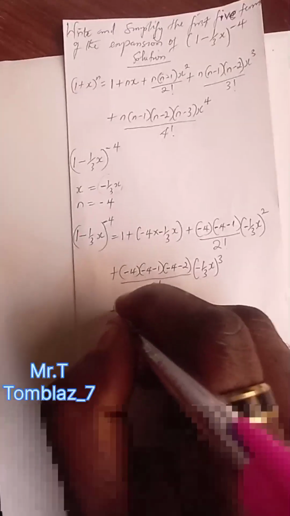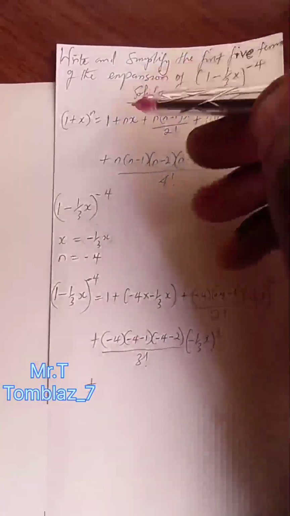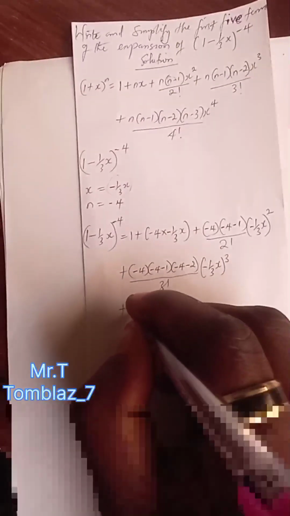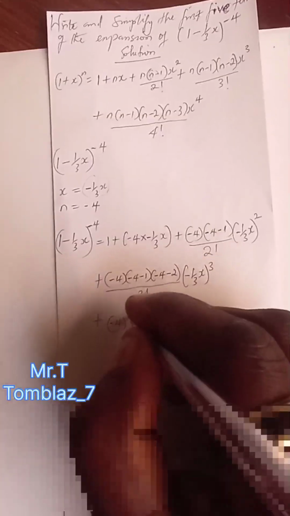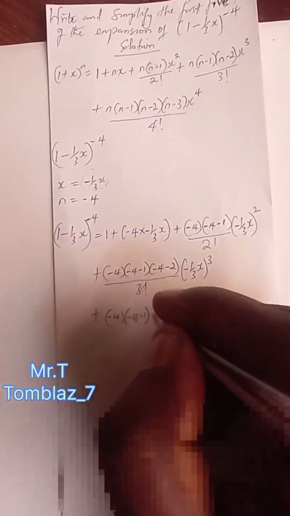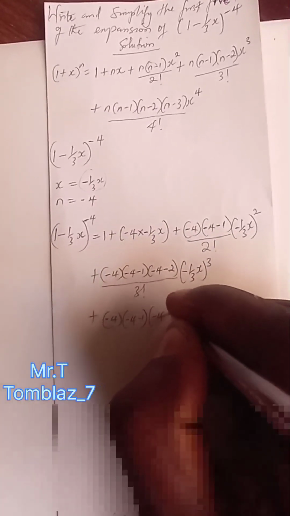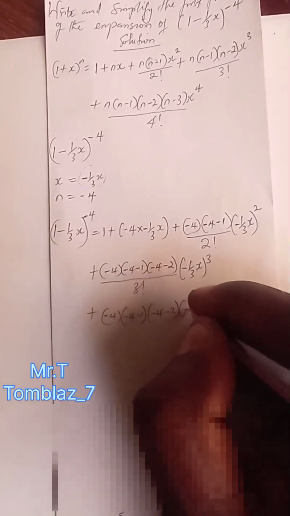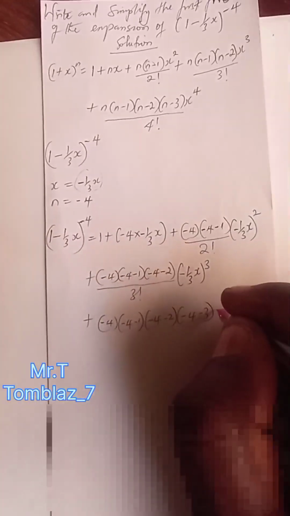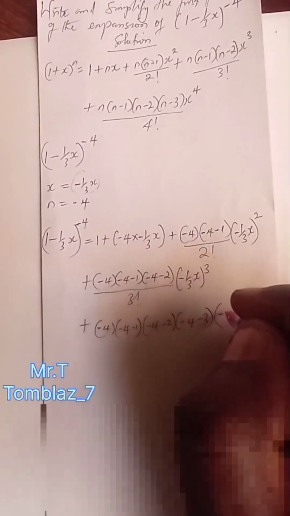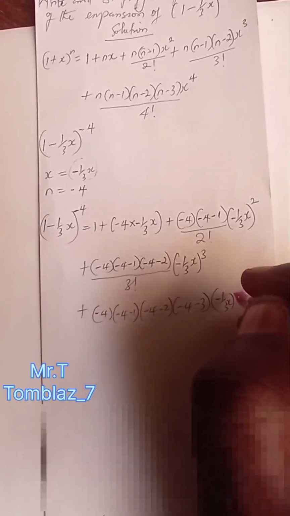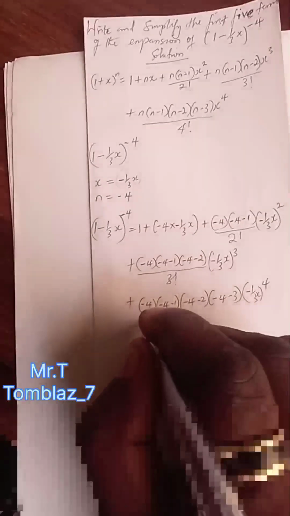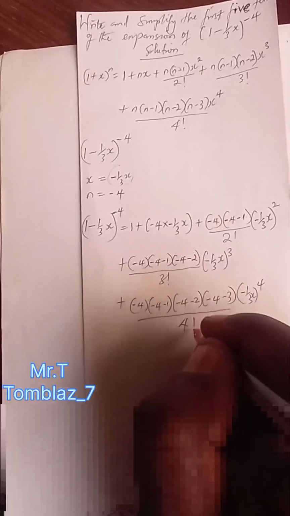Then plus the last expression for the fifth term, right? So we're going to be having minus 4 into minus 4 minus 1 into minus 4 minus 2 into minus 4 minus 3, and then our x is minus 1 over 3x raised to the power of 4 all over 4 factorial.